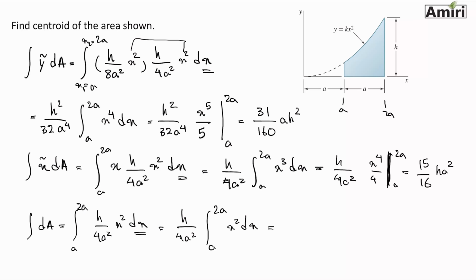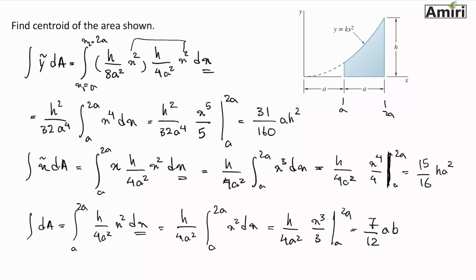Again, not too difficult. 4a squared x cubed over 3 going from a to 2a, and that will result in 7 over 12 a h. I keep the numbers like this, so when you're doing the math, you can follow the math, and if you make a mistake, you know where you've made a mistake.